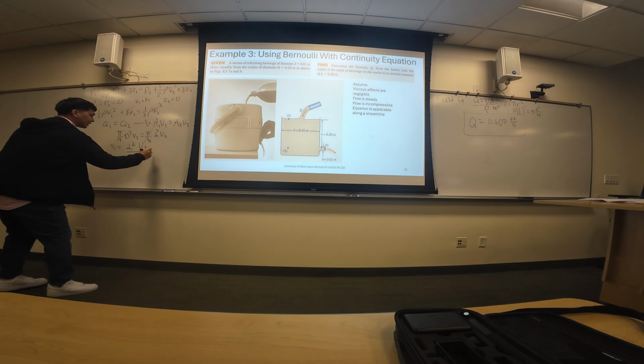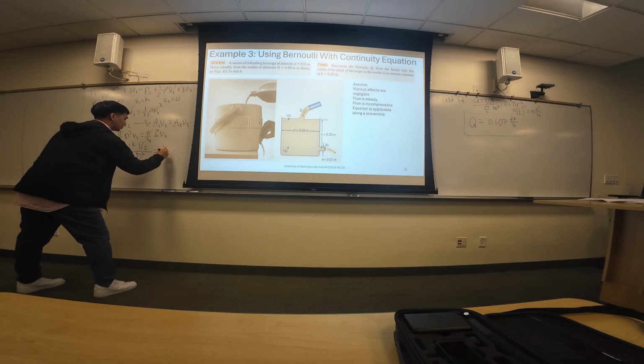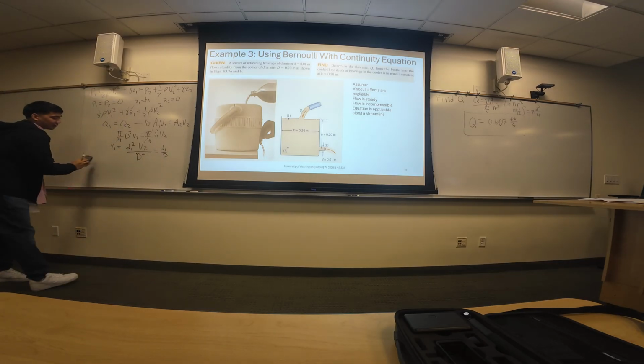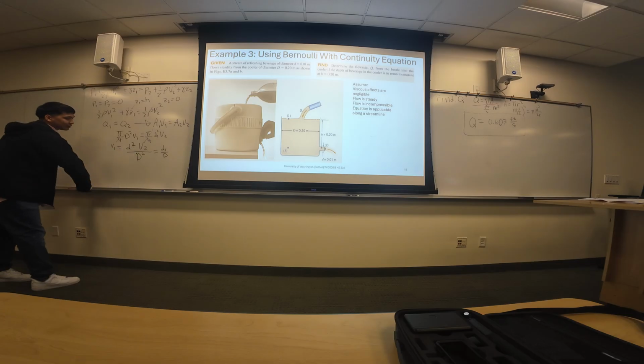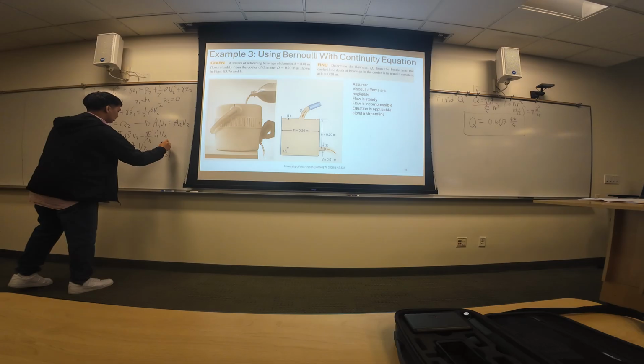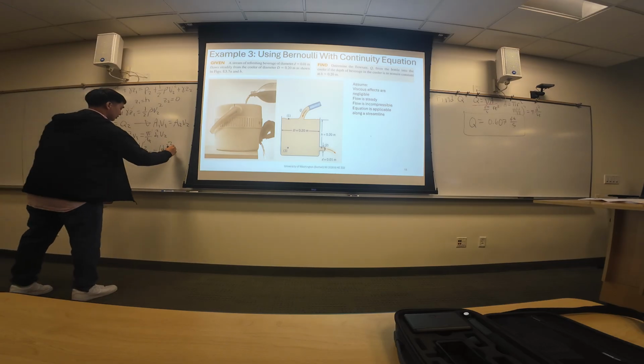Here's a better way of looking at it. V1 equals little d squared V2 divided by big D squared.